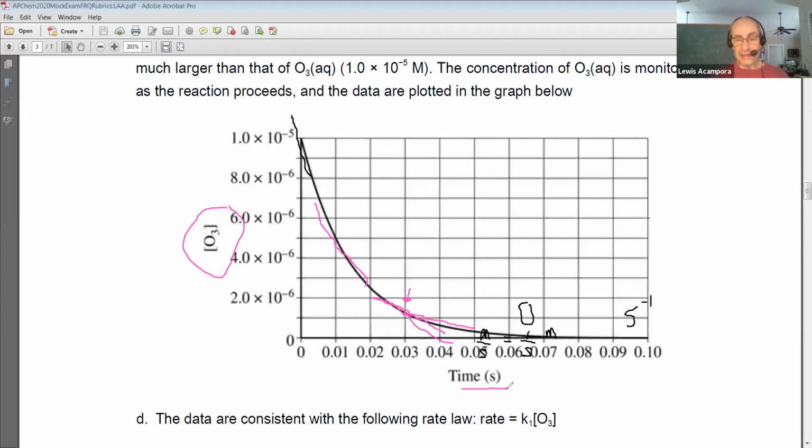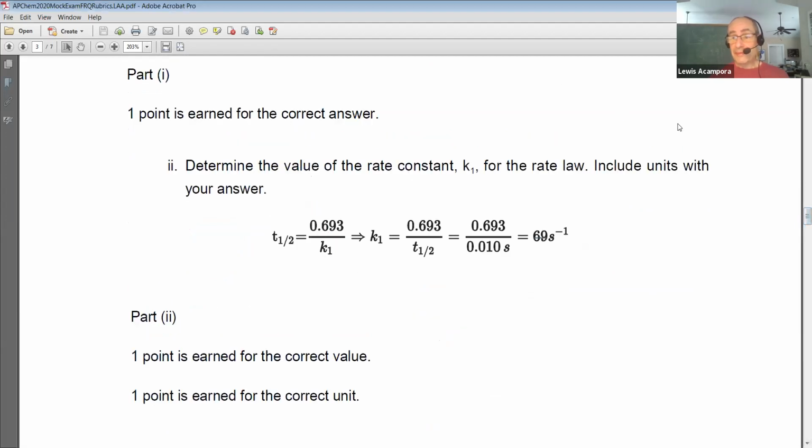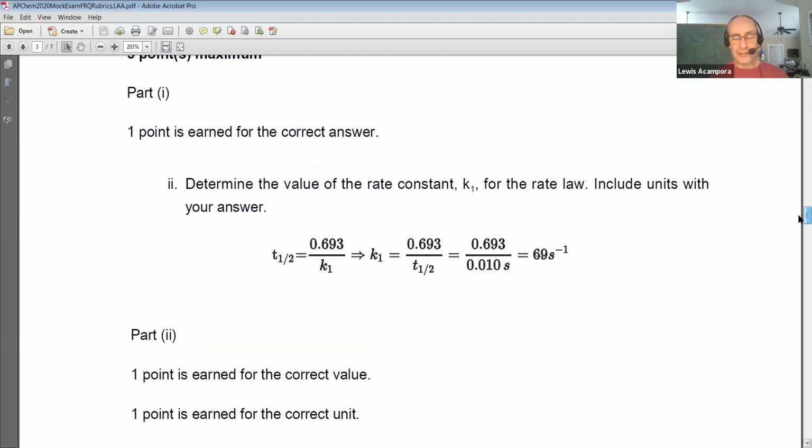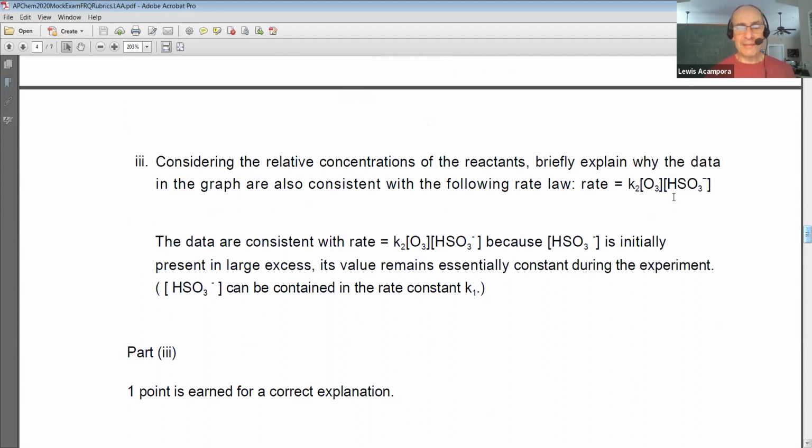And those of you who are in calculus would recognize that as a derivative, and those of you who are going to be in calculus have something to look forward to. I'm not being sarcastic there. It really is pretty cool when you know it. Okay. So that's a question that wasn't asked, but you could have been. And then we go on, and getting back to chemistry, considering the relative concentrations of the reactants.